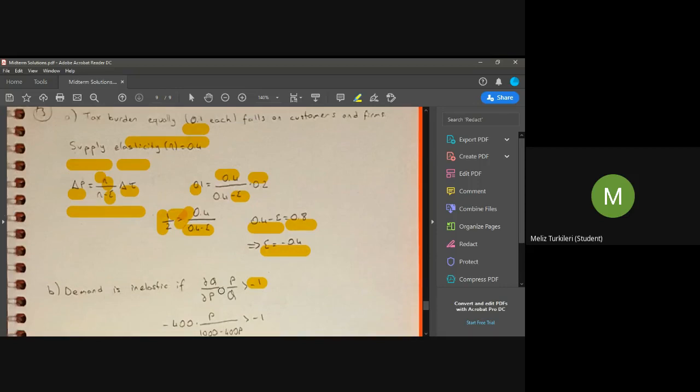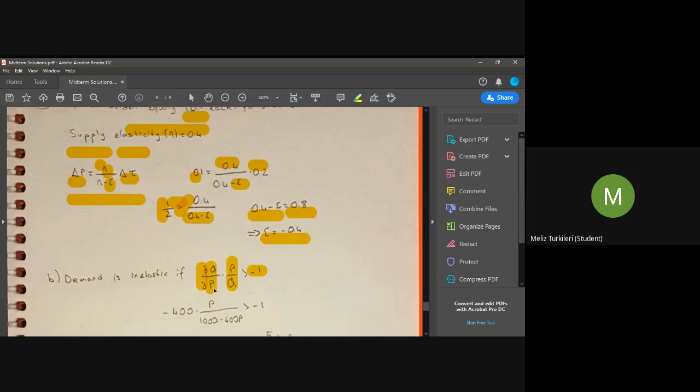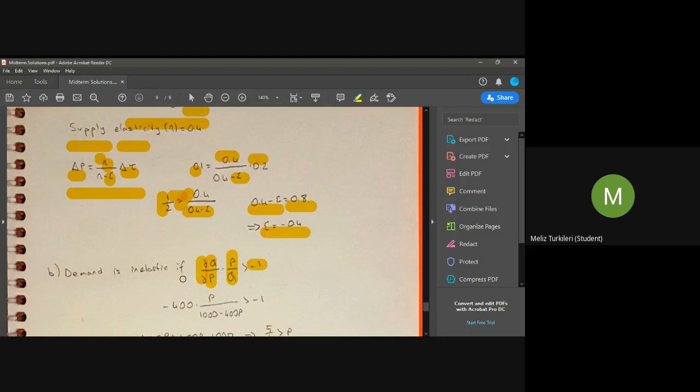So what about the elasticity formula? We have the partial derivative, and we multiply it by P divided by Q to find the demand elasticity. If demand is inelastic, this elasticity should be higher than -1.